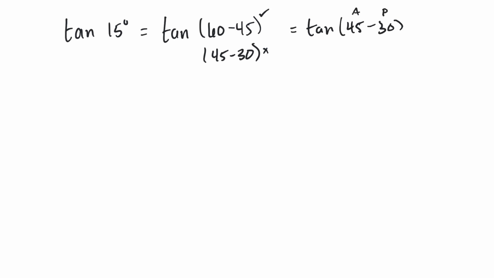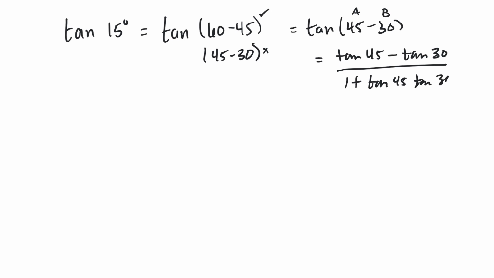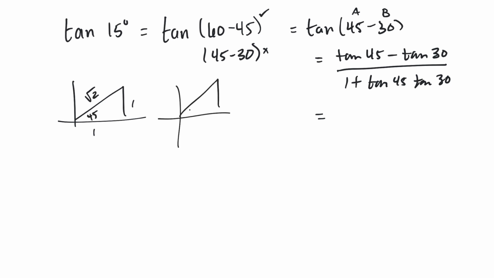So this would be A and this would be B. So we're going to say tangent of 45 minus tangent of 30, all divided by 1 plus tangent of 45 tangent of 30. Here, we are going to go ahead and simplify that. We can draw out my triangles. This would be 1, 1, square root of 2. That's going to be your 45s. 30, 60, 90 would be here.